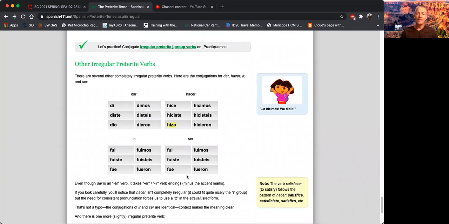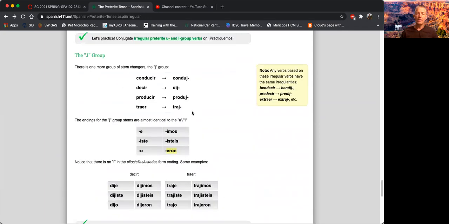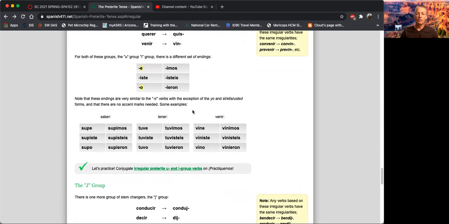Ir and ser are identical conjugations, but in certain contexts, they'll of course mean different things because ir means to go, ser means to be, but their conjugations are identical. Fui, fuiste, fue, fuimos, fuisteis, fueron. Now, hacer is technically a member of the I stem changing group up here, okay?